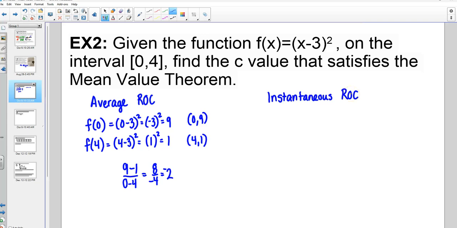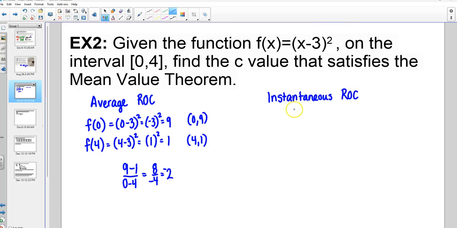For the mean value theorem, average rate of change has to equal your instantaneous rate of change. So what do we do to find an instantaneous rate of change? What do we set equal? Not the original, the derivative, because the derivative gives us the rate of change of the function, right?